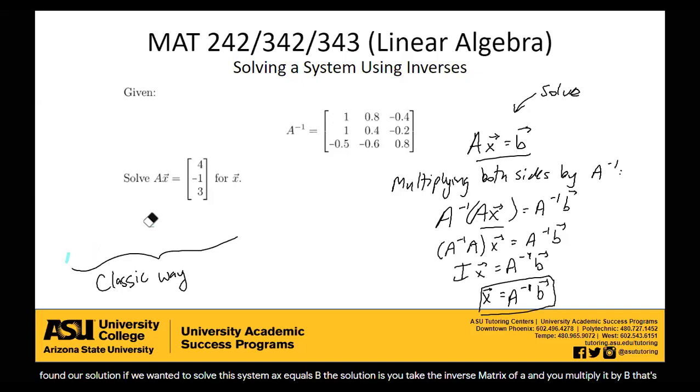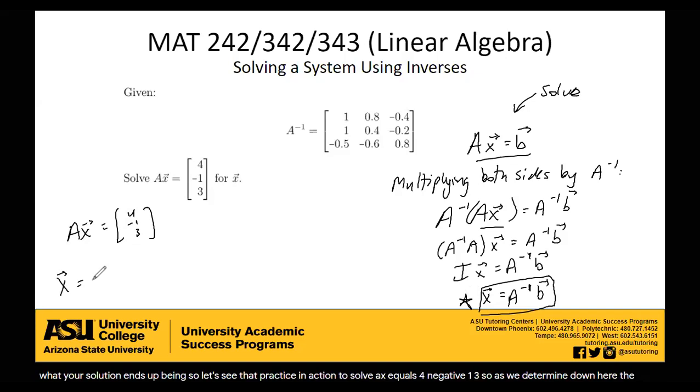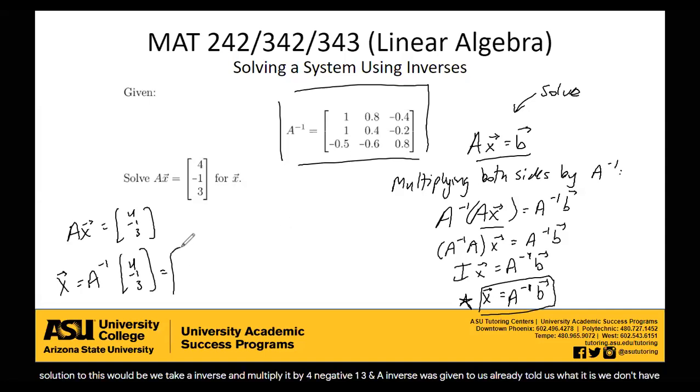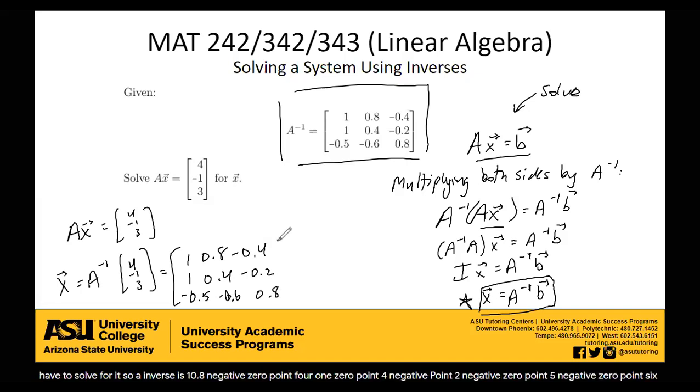So let's see that in action. We're trying to solve AX equals (4, -1, 3). As we determined, the solution would be we take A inverse and multiply by (4, -1, 3). And A inverse was given to us. They already told us what it is. We don't have to solve for it. So A inverse is 1, 0.8, -0.4, 1, 0.4, -0.2, -0.5, -0.6, and 0.8.